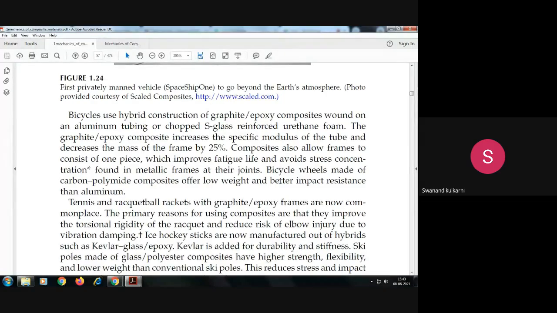But nowadays, bicycles use hybrid composites, in which graphite epoxy composites are wound on aluminum tubing. A tube of aluminum is there, and around it the graphite epoxy composites are wound in order to increase the strength of that construction or bicycle frame.